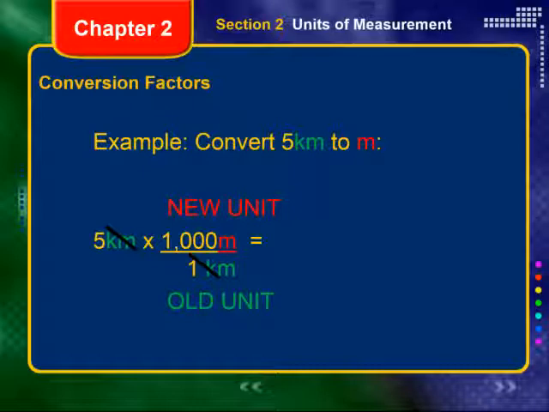They cancel out. So I'm left with meters. Meters, that M is the only unit I have left because the kilometers canceled themselves out. And so the unit of my answer is going to be the only unit that's left, meters. And so I simply carry out the mathematical function that's left to me, 5 times 1,000, for an answer of 5,000.